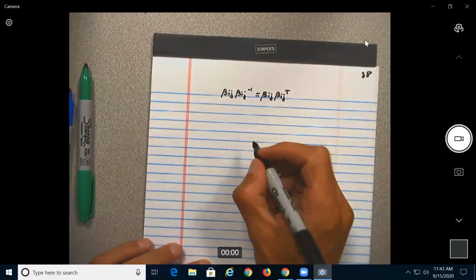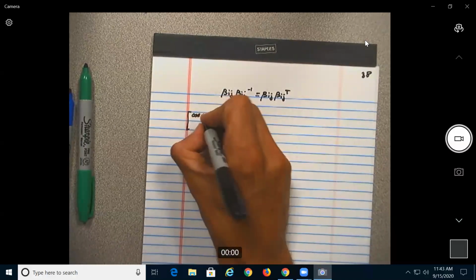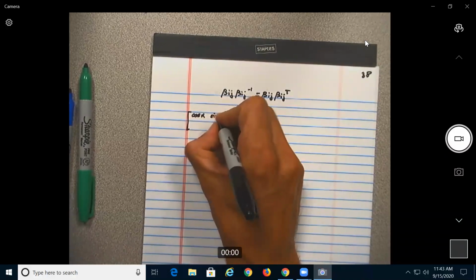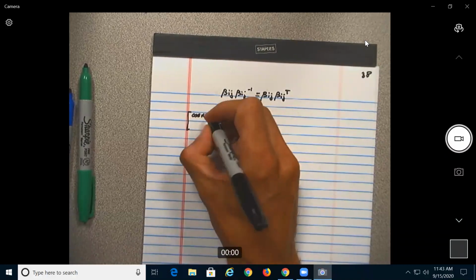Cosine alpha, sine alpha, minus sine alpha, cosine alpha.